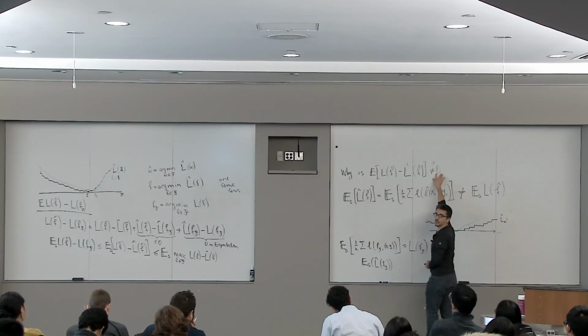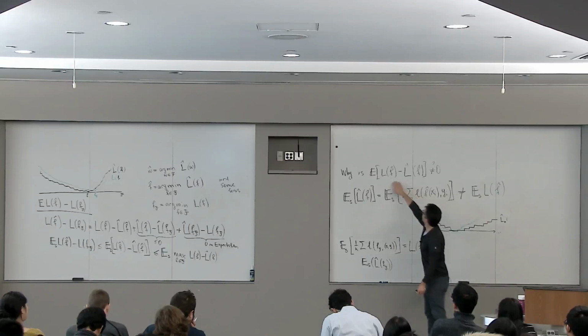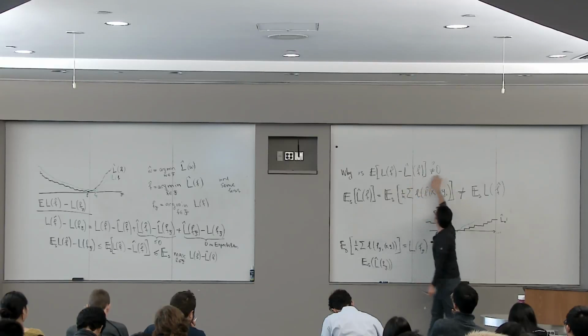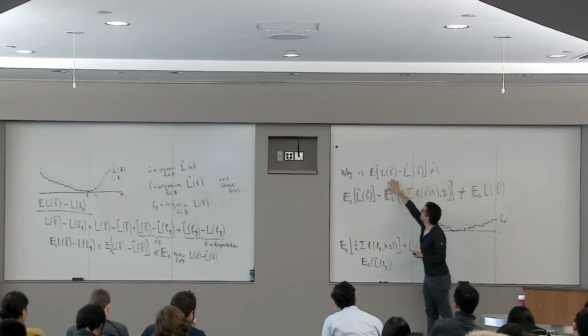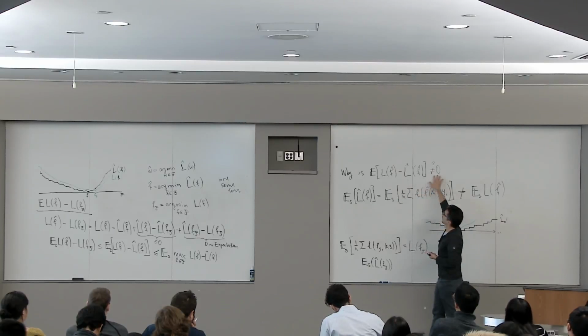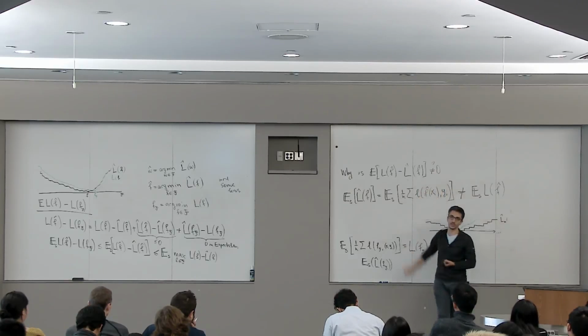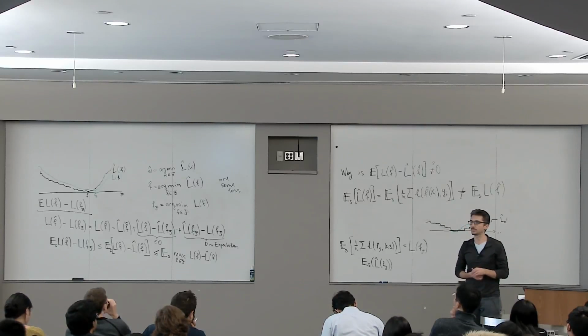Maybe not zero, but close to zero. What is important to realize is that the reason this is not equal to zero is because the output of our algorithm can depend strongly on the data. And if it depends very strongly on the data, then this can be quite large. If we could limit this dependence on the data, then we can try to guarantee that this is small. This is going to be the topic for the next 5 lectures.